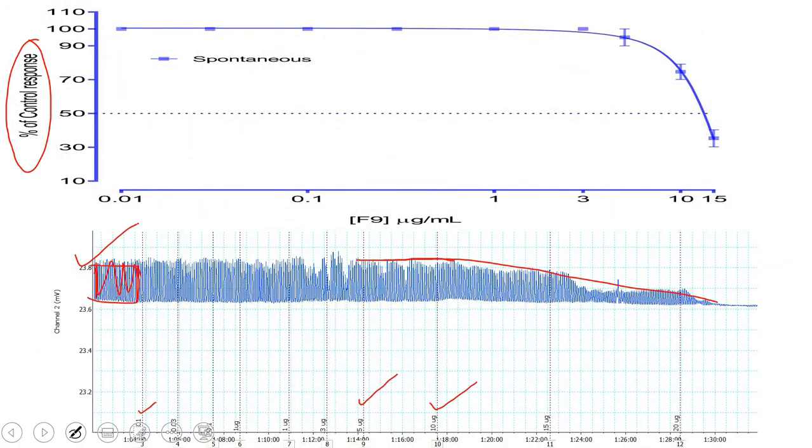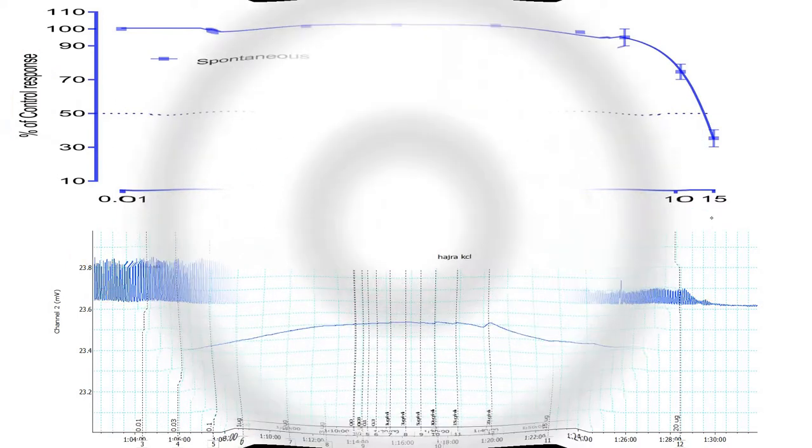Regarding this, this is the 50% response, and concentration is on the x-axis. So on this mean curve, if you drop a perpendicular, it is going to touch the concentration on the x-axis. So this is the EC50 value, and this was already discussed with you.